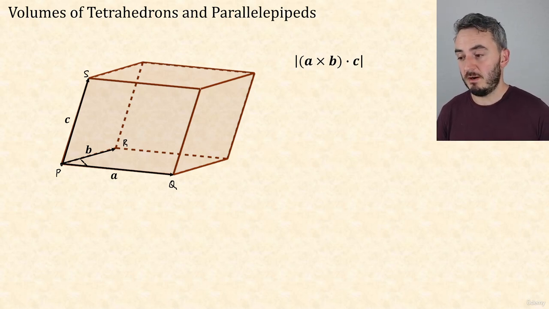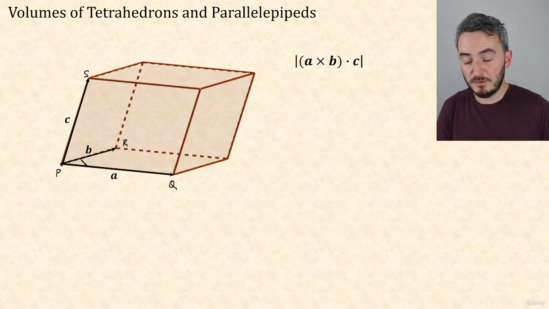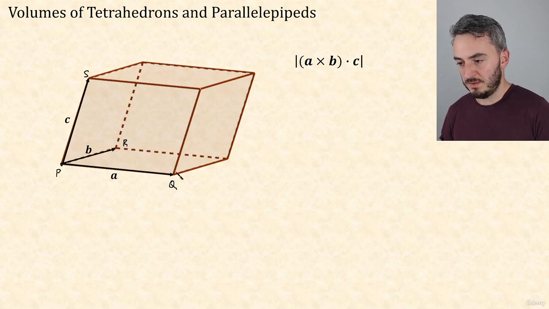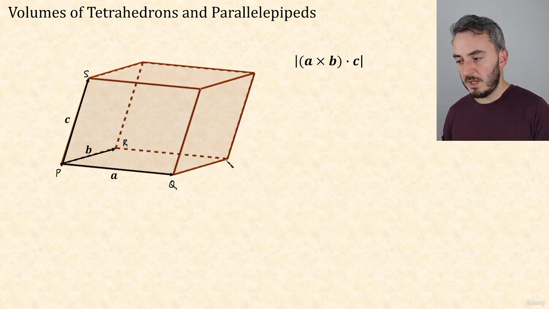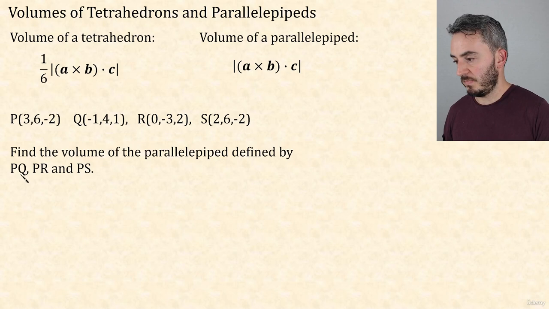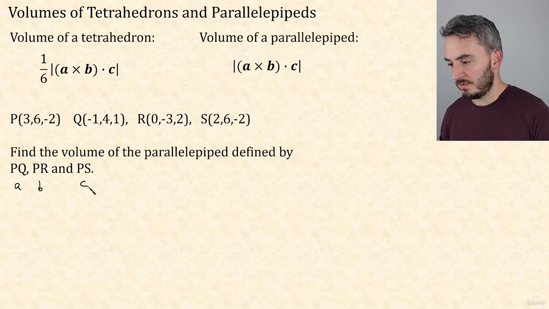There is only one parallelepiped that has those 3 lines as the starting point, because everything else is just defined in terms of those, right? This is just C again, so this is just PS up here. This one here is just the vector B, PR, and so on. So our A is PQ, our B is PR, and our C is PS.